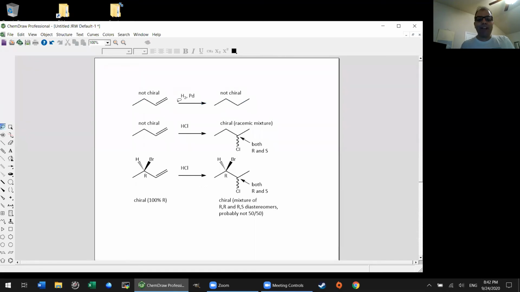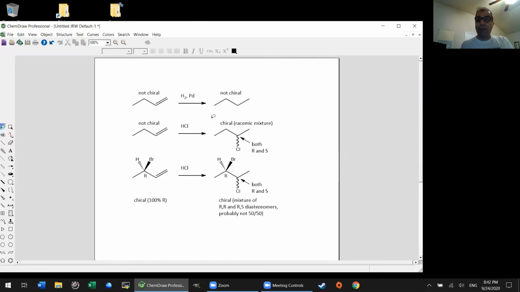And again, the point is not this particular example. The point is to be aware that this type of thing can happen, regardless of the particulars of the starting material and product. The thing that you need to know is that it's possible to start with an achiral compound and get an achiral product out. However, that's not always going to be the case.